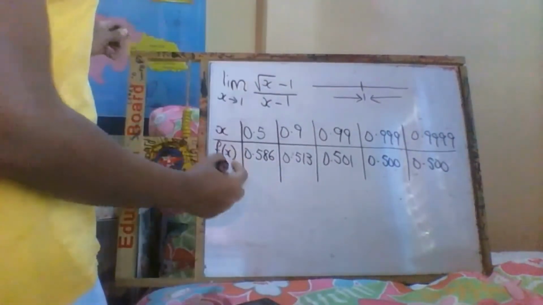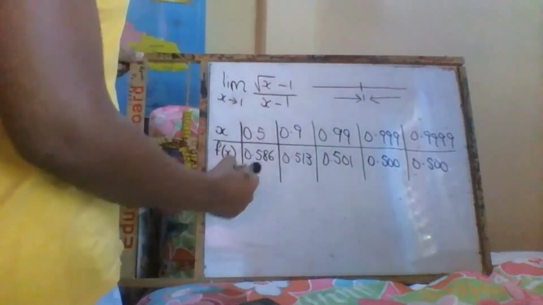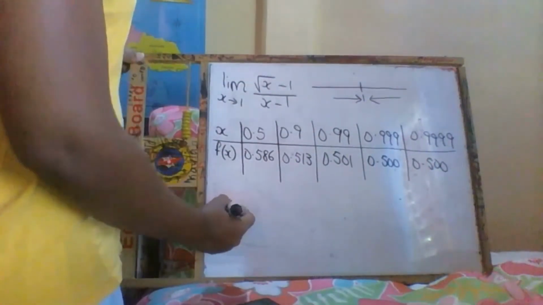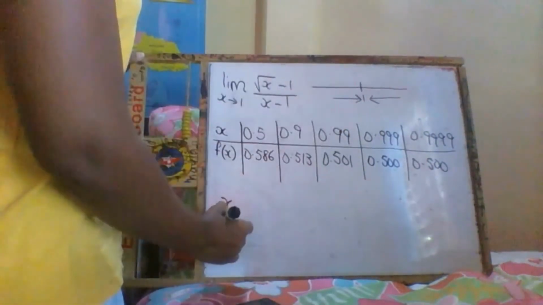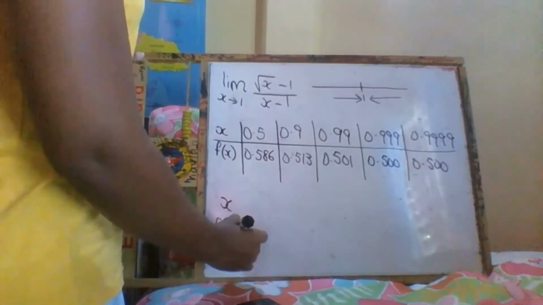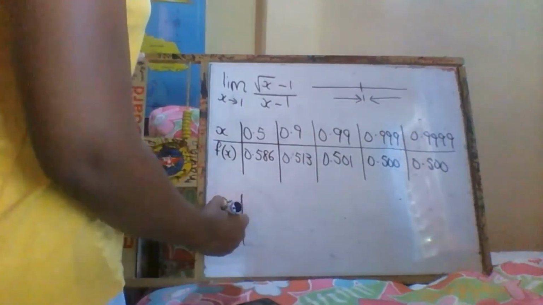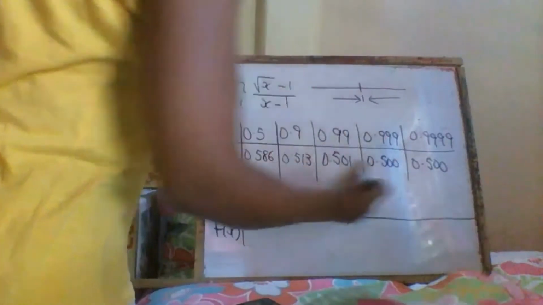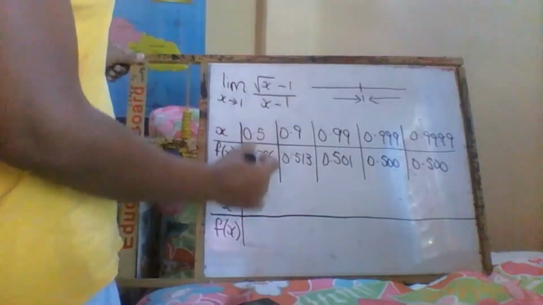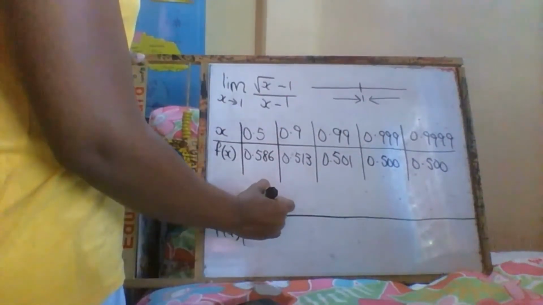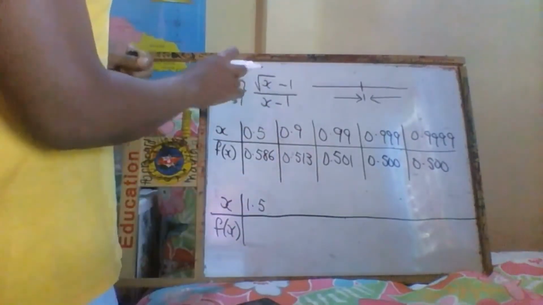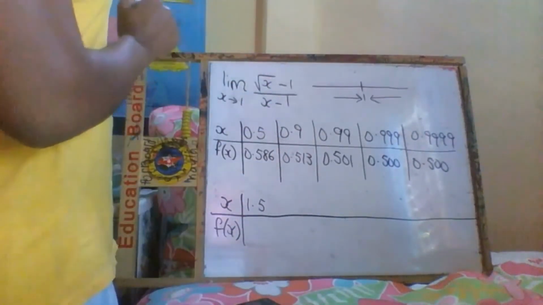Now we need to do it from the other side as well. We need to approach 1 from the right side. This time I'm going to start with 1.5, right? So again, wherever there's an x, we're going to plug in 1.5.